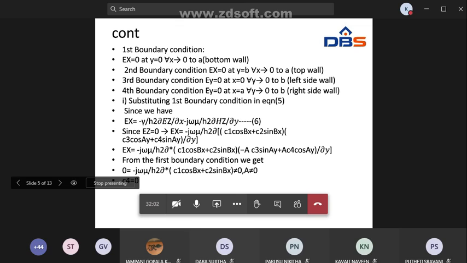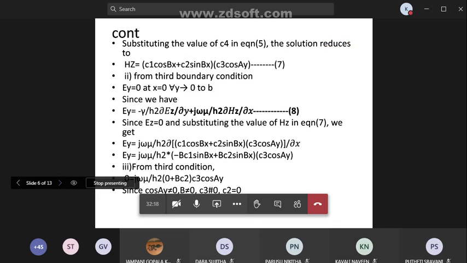Here C1 cos Bx plus C2 sin Bx not equal to 0 and a not equal to 0. Then C4 equal to 0.